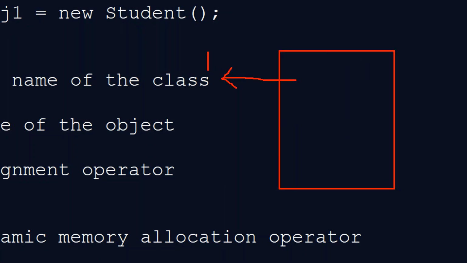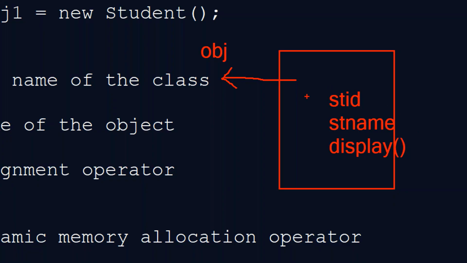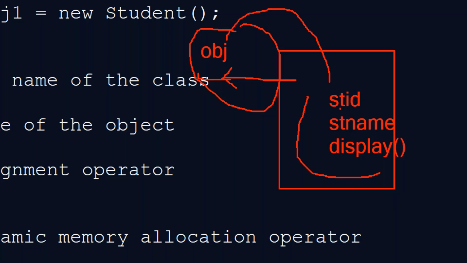Here it is obj. Inside this obj, we have stid, stname, and the display method. So if I want to access these properties of the class, since you created the object, using this object we are able to access them. For example, I want to access obj.stid.